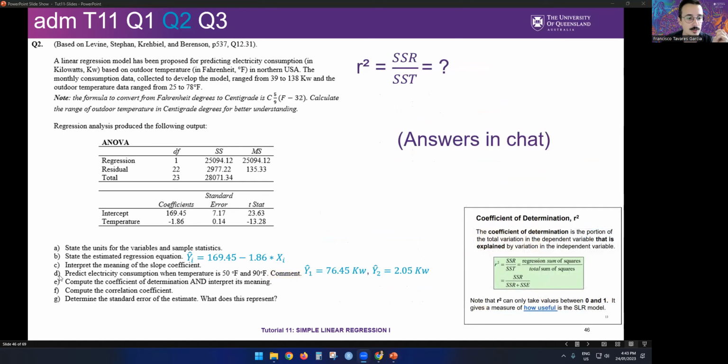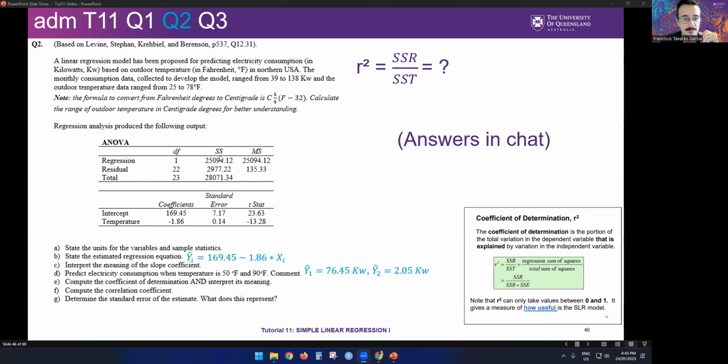Now let's look at our coefficient of determination again. So our R squared. We have our sum of squares. Can you guys get the answer in the chat, please? SSR divided by SST. SST is the total sum of squares. SSR is the regression sum of squares.